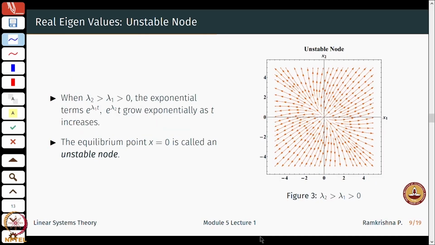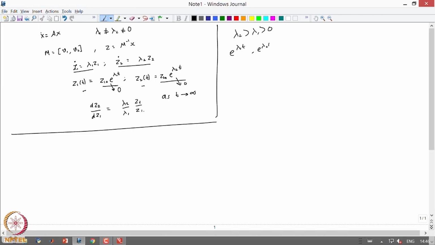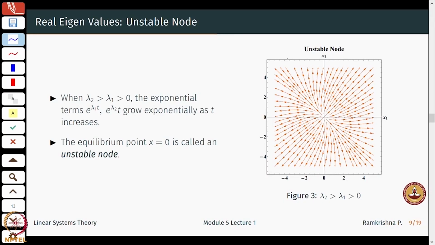Unstable node: everything is still the same, except that lambda 1 and lambda 2 are both positive. So, e power lambda 1 t and e power lambda 2 t will both go to infinity as t goes to infinity. When lambda 1 and lambda 2 are greater than 0, the exponential terms grow exponentially as time increases.